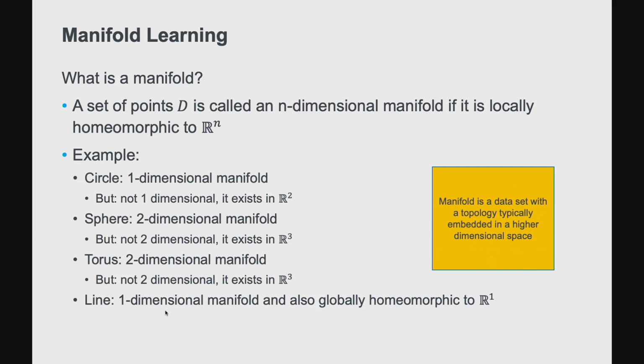What does this mean? Imagine you are a beetle, a small insect, and you crawl on the earth. Locally, the surface looks two-dimensional to you. Only we know that actually the earth is a globe in three-dimensional space. But the surface of the globe looks just two-dimensional to the beetle.